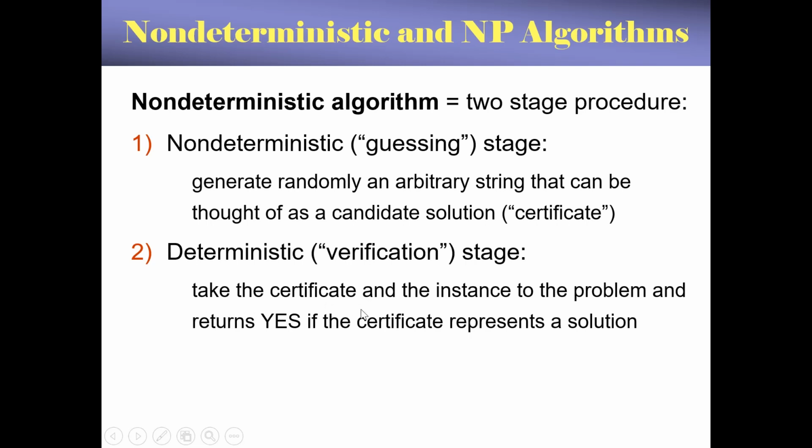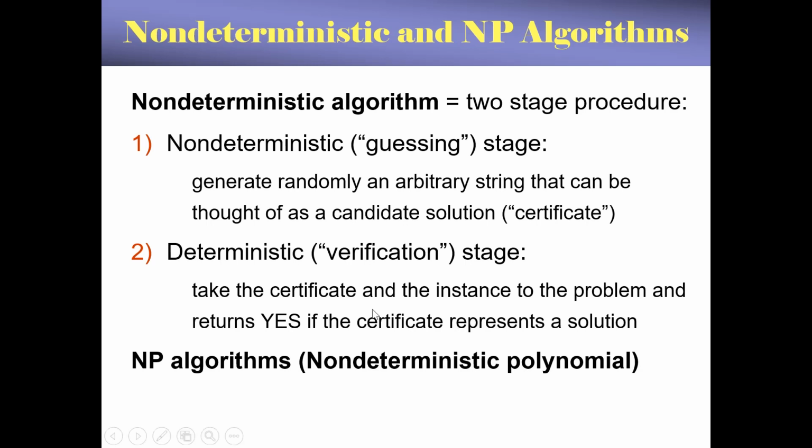So take the certificate and the instance of the problem and return yes if the certificate represents a valid solution and no otherwise. Now NP algorithms, also called non-deterministic polynomial, are those that satisfy these two conditions. So the algorithm itself is non-deterministic, but verifying a candidate solution can be done in polynomial time.